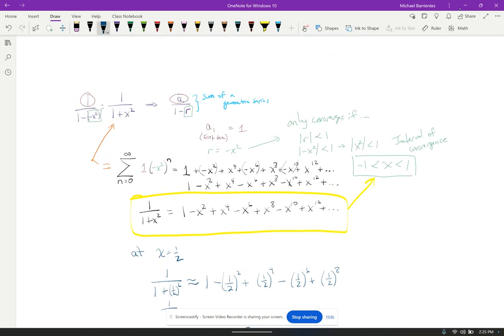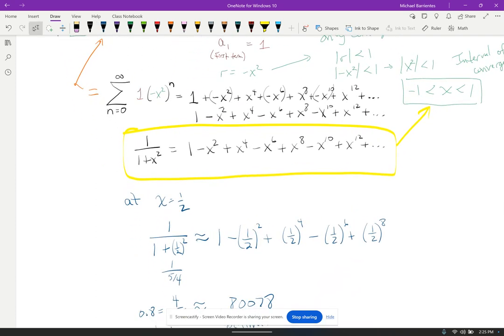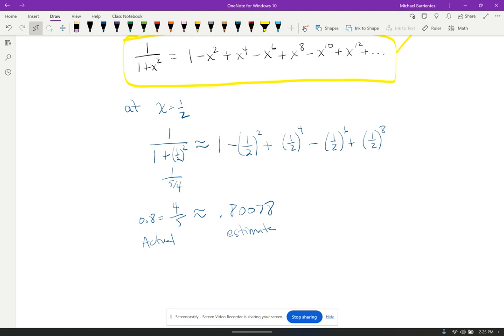We're going to use ideas that we discovered when we were doing numeric infinite series, but we're going to apply them to power series. Power series are infinite series that involve powers of x or powers of a variable. And we're going to find that sometimes we can create a power series that is the same thing as a given function. And as we saw here, we can get a pretty good estimate.